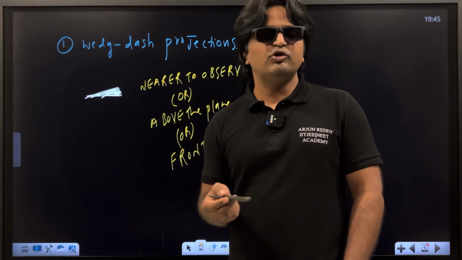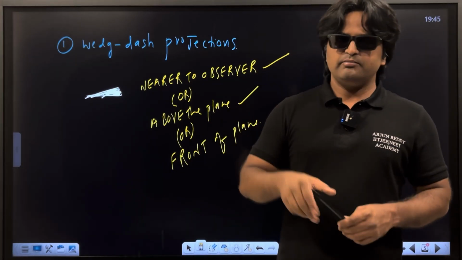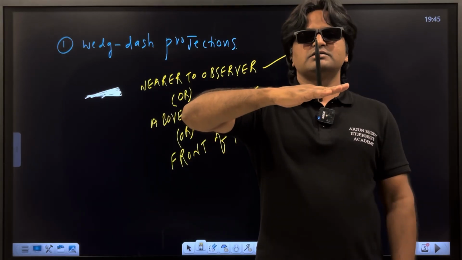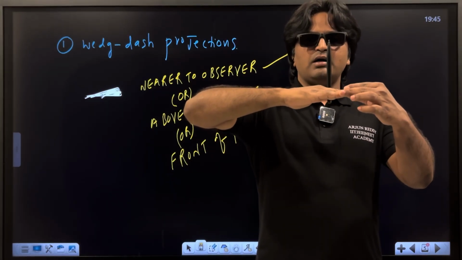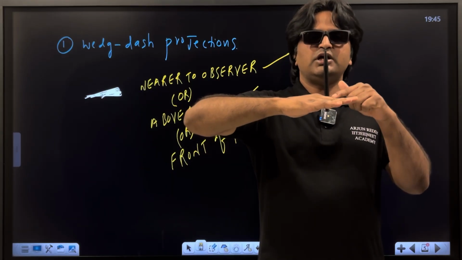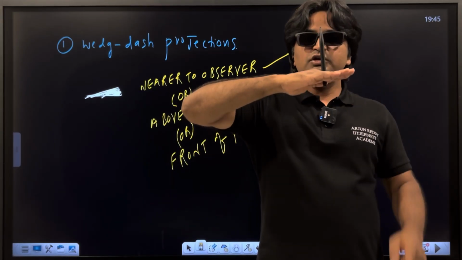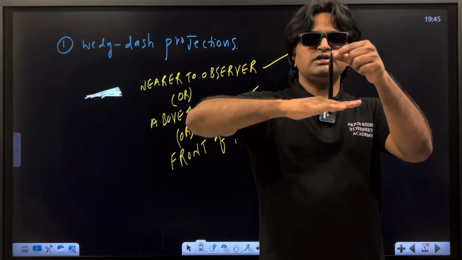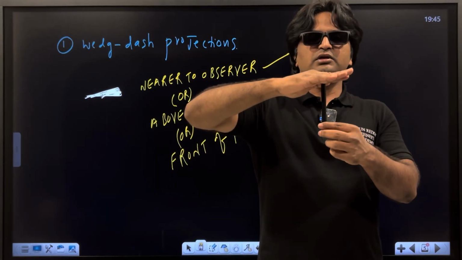So what is the meaning of above the plane or front of plane? For example, if your plane is a horizontal plane and your atom or group is connecting like this, now this is looking like above or below? That is looking like above. So if your plane is a horizontal plane, then we use above the plane, and next one, below the plane.